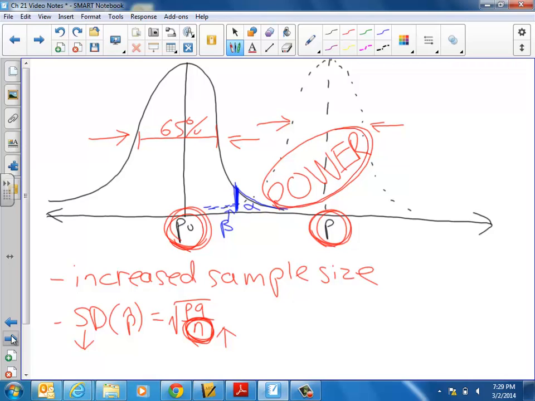Because the power right here and beta together equal 100% of the area under this dotted bell curve. So if beta's going down, power's going up. As beta goes down, the probability of a type 2 error goes down. The power of my test increases. Again, power being the probability that I reject the null hypothesis when the null hypothesis is false.